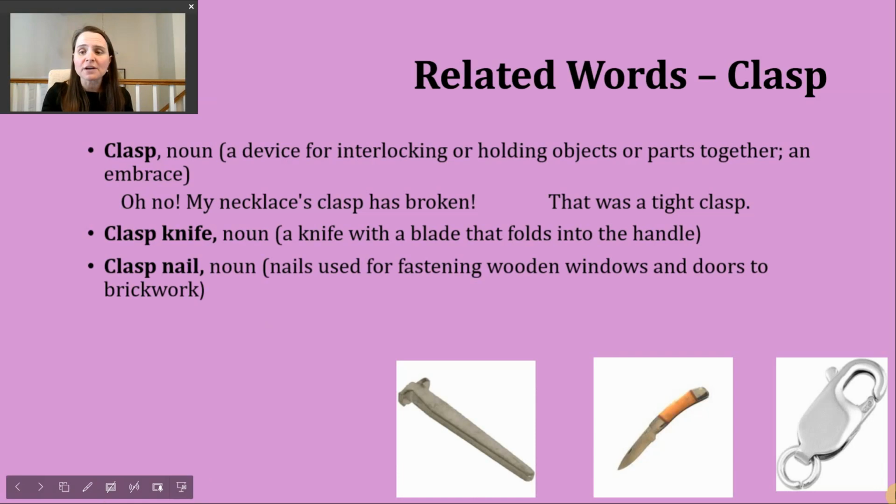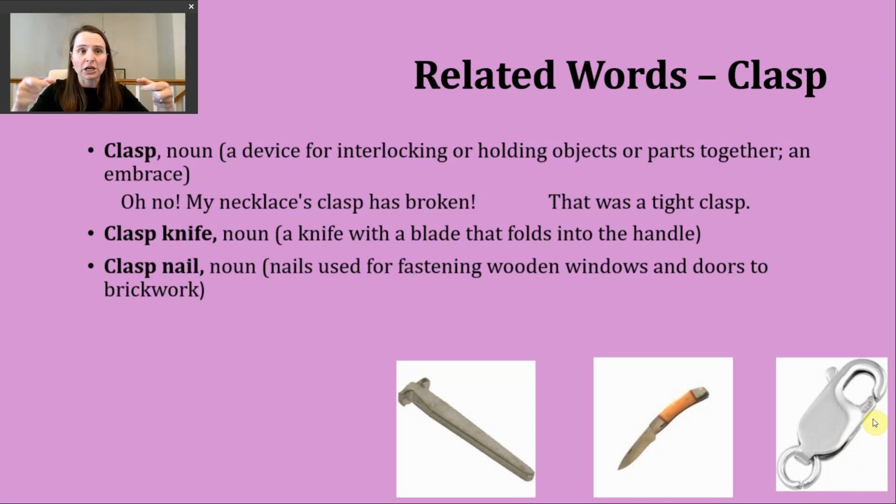I've included a picture down here in the bottom right-hand corner of your screen, this one furthest to the right. Here's an example of something we might describe as a clasp. You might have seen this on a bracelet, a necklace, or other device again.